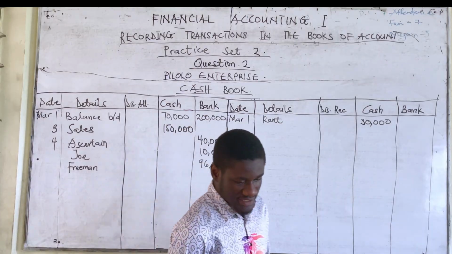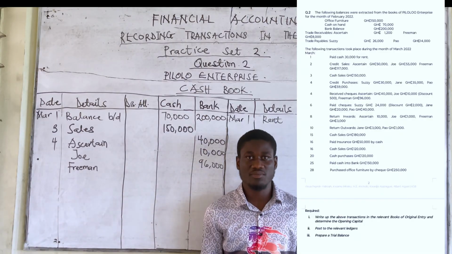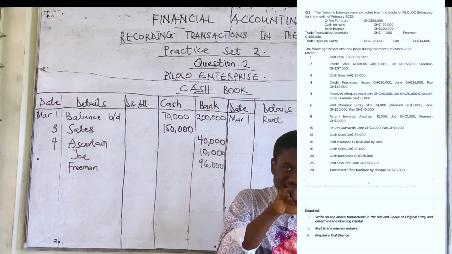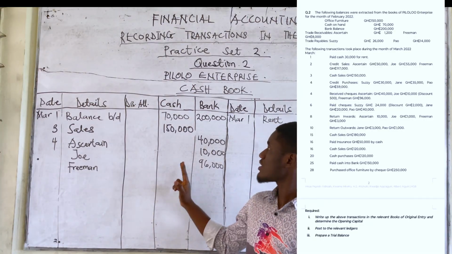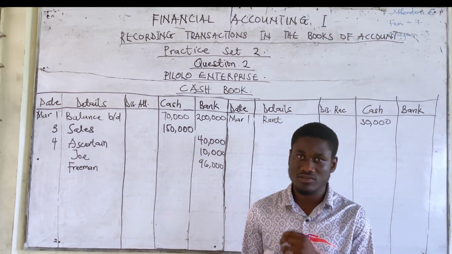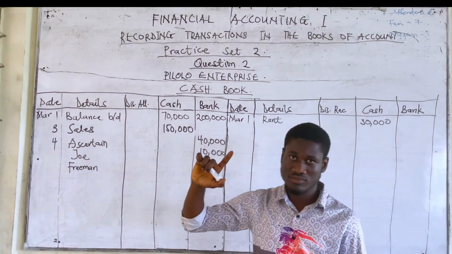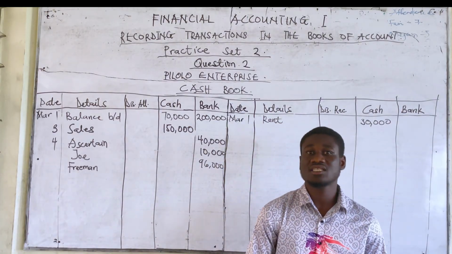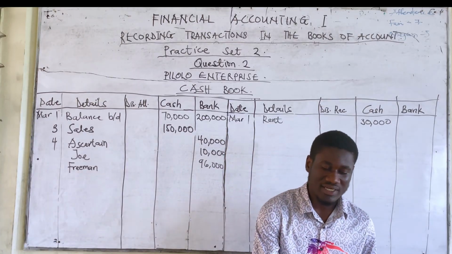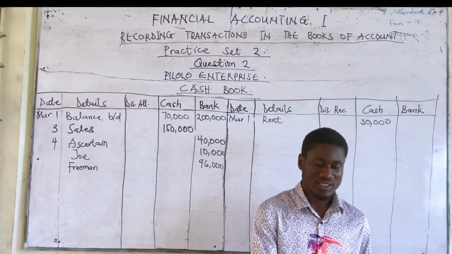But you see that Joe had a discount amount of 500. That discount amount in the bracket shows that the 500 has already been deducted from the 10,000. You could see that in a previous question pertaining to this one, the question said less 5% discount, referring to practice set 2 question 1. But this one is in bracket, showing that the 500 has already been deducted from the 10,000.